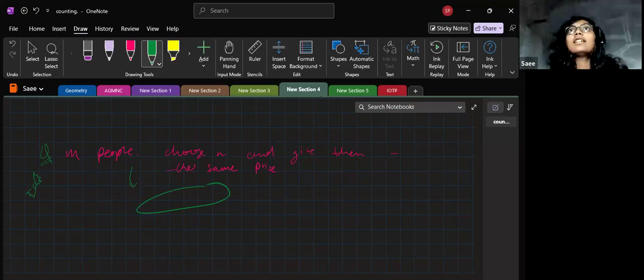For each of these scenarios, there are going to be n factorial scenarios where you first choose these n people, and then once you've chosen them, you can permute them in n factorial ways. So for each way of choosing n people and giving them all the same prize, there are n factorial different scenarios to give them all different prizes. Does that make sense?